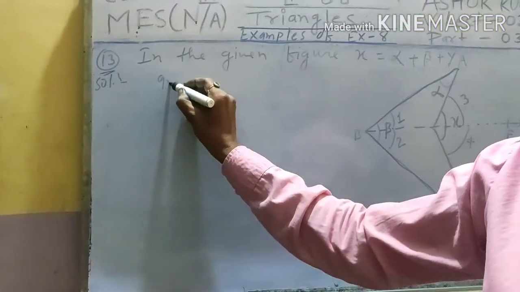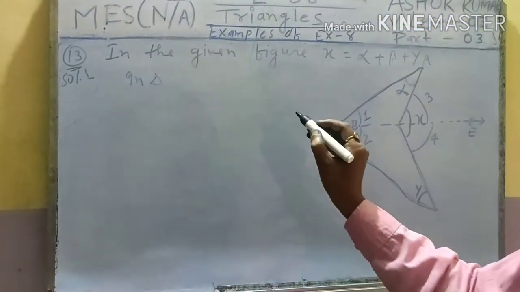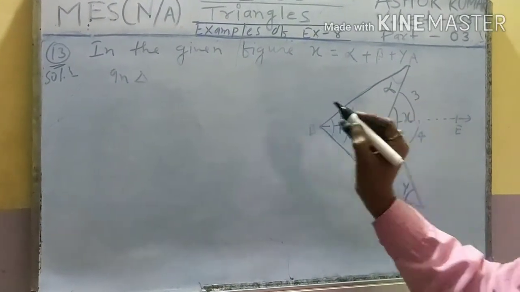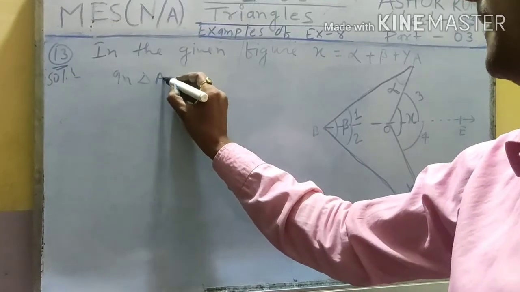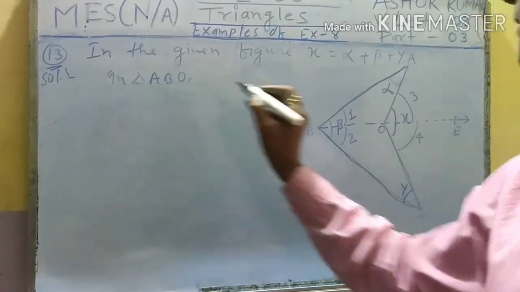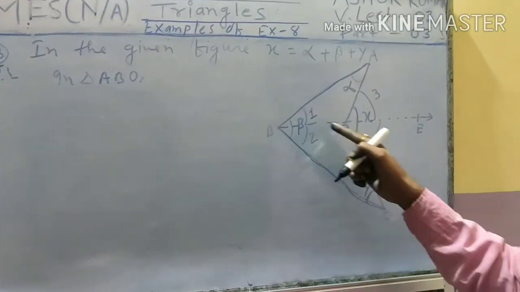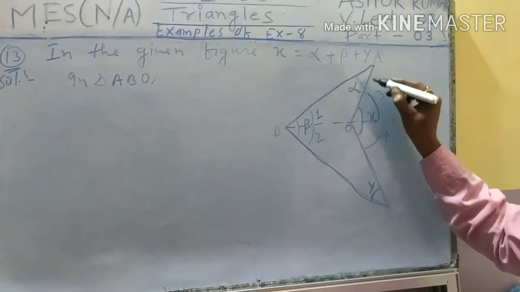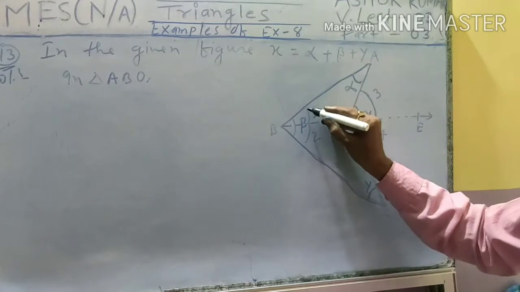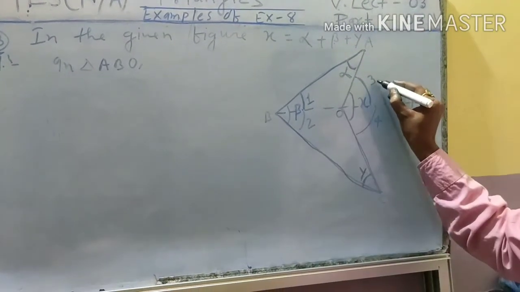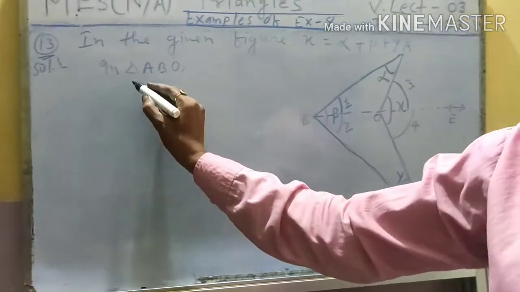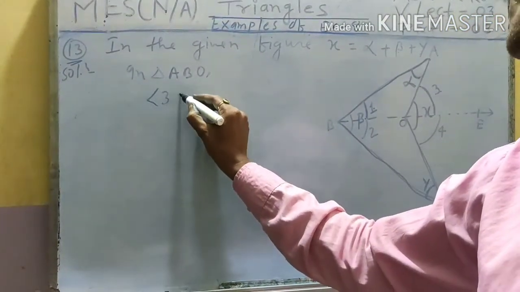Here write down, students, in triangle ABO, suppose this point is O. In triangle ABO, we know that the exterior angle is equal to the sum of the two opposite interior angles. So angle 3 is equal to alpha plus angle 1 from the exterior angle property.